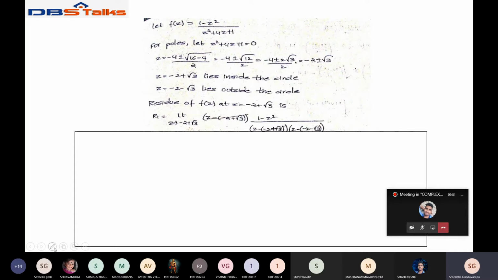Now we find the residue of f(z) at the inside pole, minus 2 plus root 3, which is R1. R1 equals, the formula is, limit z tends to a of (z minus a) into f(z). So limit z tends to a, meaning minus 2 plus root 3, of (z minus a), meaning z minus (minus 2 plus root 3), into f(z). f(z) is (1 minus z²) by the denominator, which can be written as (z minus (minus 2 plus root 3)) into (z minus (minus 2 minus root 3)).